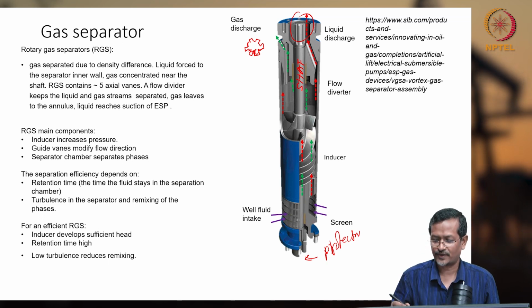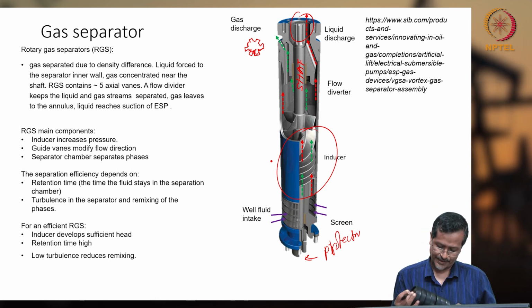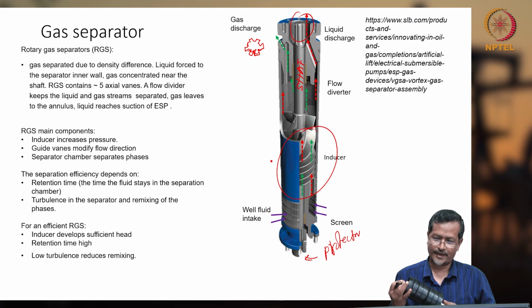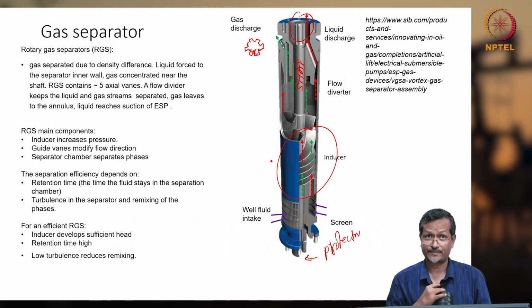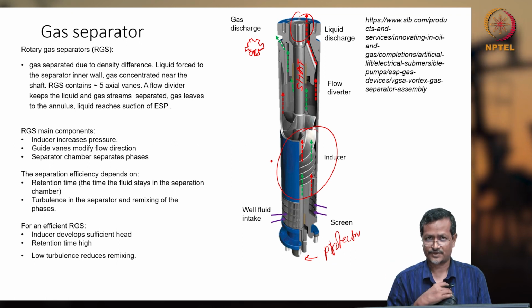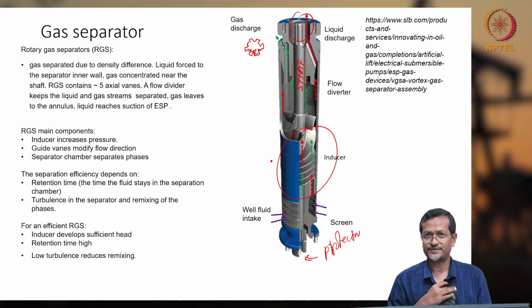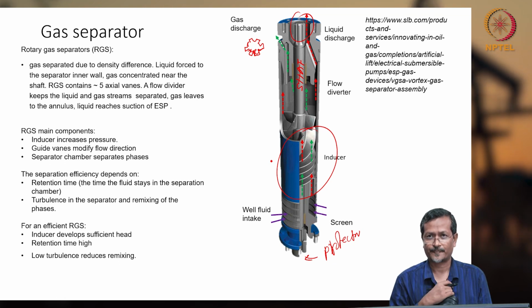So the intake section shaft will have one inducer. Okay, what is the purpose of the inducer? The purpose of the inducer is to give NPSH, net positive suction head. Sometimes the actual centrifugal pump will require a very high amount of NPSH, like 75 psi or something, but your wellbore condition may not support that much. So what will you do?